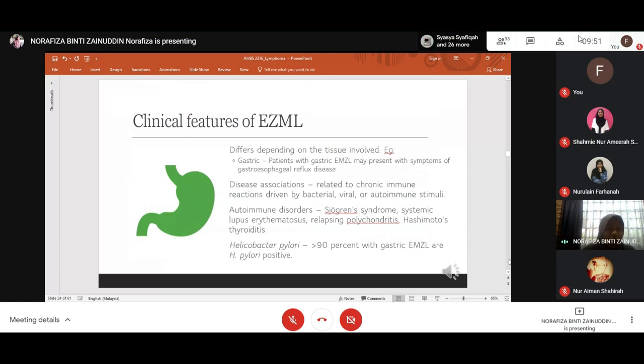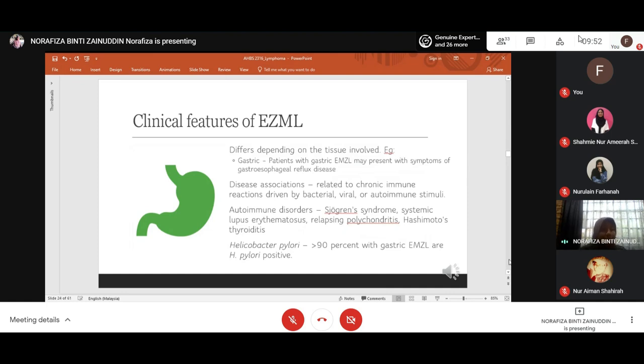So the clinical features of EMZL depend on the tissues involved. For example, if it involves the stomach, patients with gastric EMZL can present with gastroesophageal reflux, epigastric pain or discomfort, anorexia, weight loss.